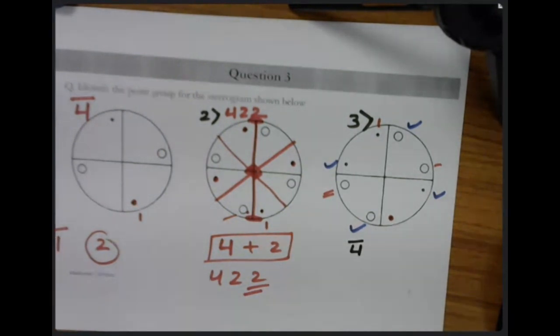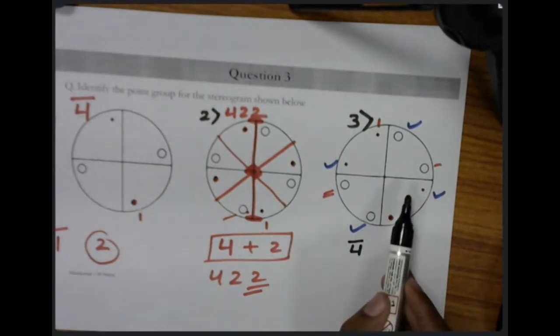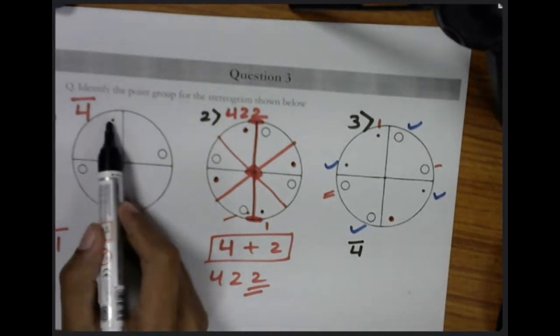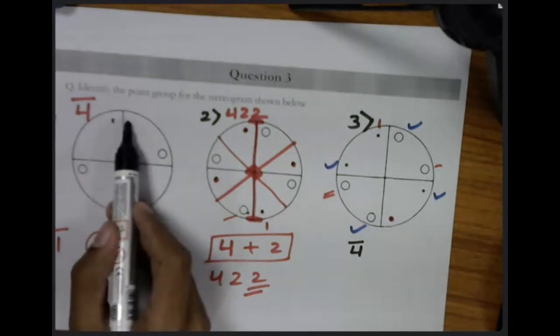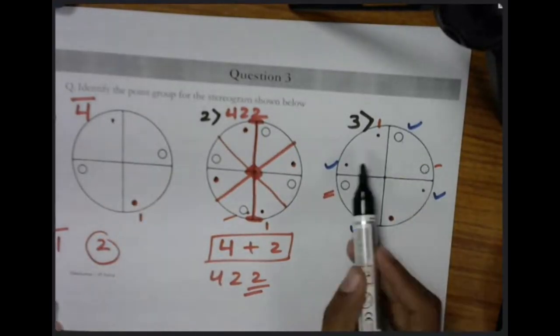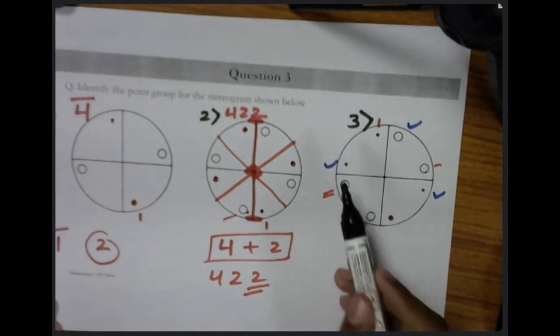What else is there? From here, if I want to get to this particular point, I have to rotate by 180 degree. This point will be rotated over here and I will get this particular point. This point will be rotated over here. From below it will go above and we'll get this particular point, and so on and so forth.